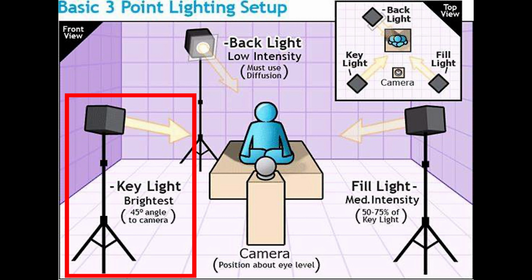Whether you've got an artificial light like this or whether you are outside just using the sun, hopefully on an overcast cloudy day so that you've got natural diffusion, you are thinking of this as your sun at 45 degrees to your subject or character.